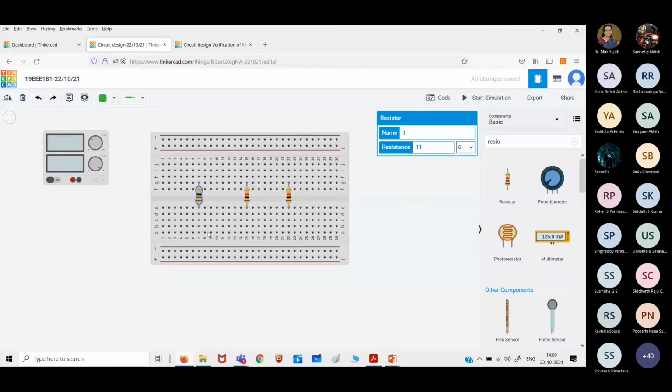So I'll click this and press R. R stands for rotation. You can rotate it and keep it in one place. If you don't want to rotate also, you can keep it as it is. But if you don't want to rotate it, then you should not connect it this way. Why you should not connect it this way? Because here horizontally it is fully short.